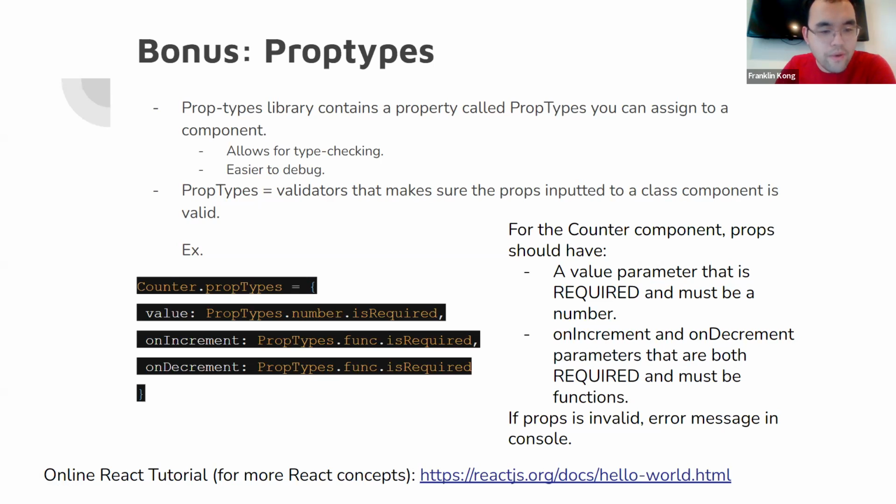And then you also have to pass in 2 functions, one called onIncrement and one called onDecrement. If, for example, you pass in a value that is actually a string, which is not okay since it has to be a number, then you will get an error message in the console of your web browser, and you can access that through the developer tools.